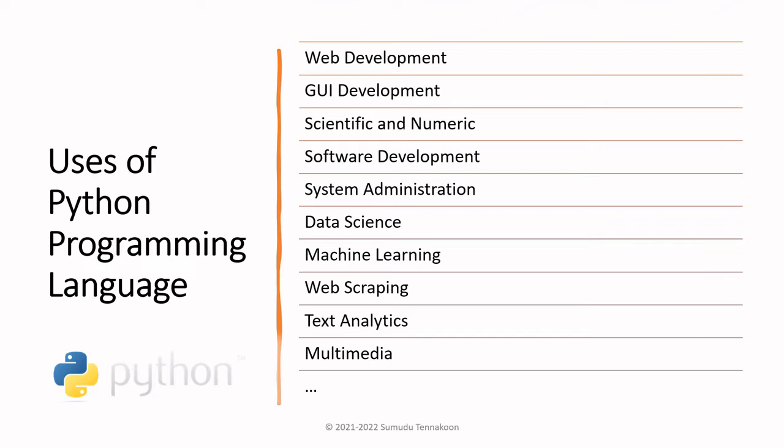Python can also be used for web scraping for data mining from web pages. It can also be used for text analytics. And for multimedia purposes, you can use Python. You can automate certain tasks in Python as well. There are many uses of Python. You can apply Python in your environment, so in your work, your research, or your education.